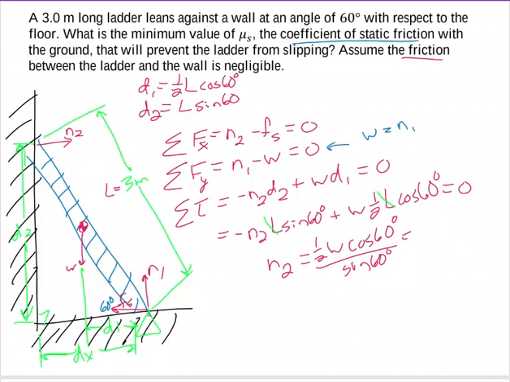The 1/2 could be written as 1 over the 2 in the denominator, right? So this could be w in the numerator, 2 in the denominator, and then instead of writing cotangent, which would be in the numerator, I'm going to put tangent in the denominator. So this is tangent 60 degrees in the denominator, okay? So that just makes what we're dealing with here with this ridiculous normal 2 way simpler looking.